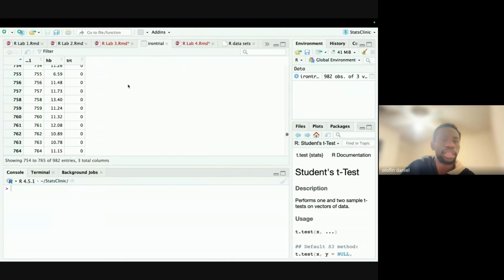Can you see? It changes from 1 to 0. So one group is on iron trial, one group is on placebo: 0 is placebo and 1 is iron trial. You want to compare the iron trial group against the placebo group. That's what we want to do. These two groups are entirely different from each other. That's the difference most people make between paired t-test and independent sample t-test.